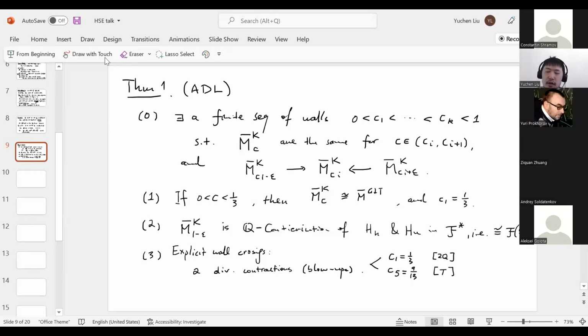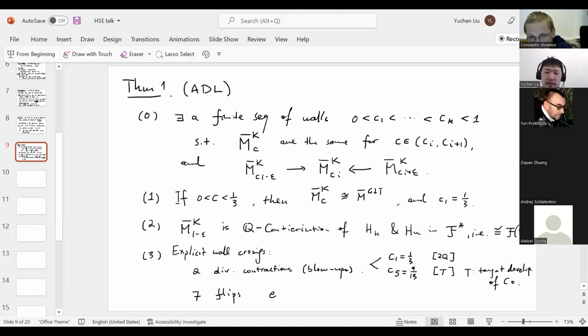For C5 equals 9/13, you blow up this point T, where T is the tangent developable surface of this twisted cubic C0. And then there will be 7 flips, which is kind of complicated, but let's just put it this way.